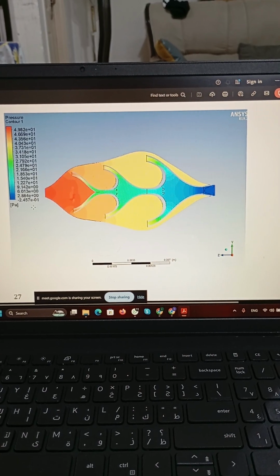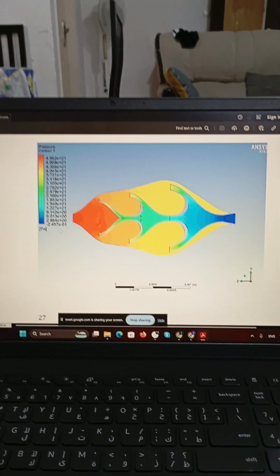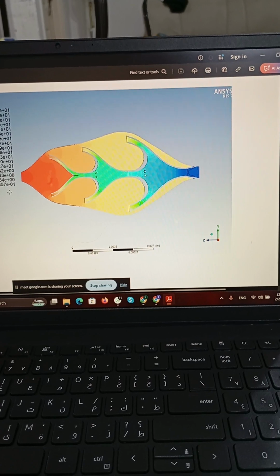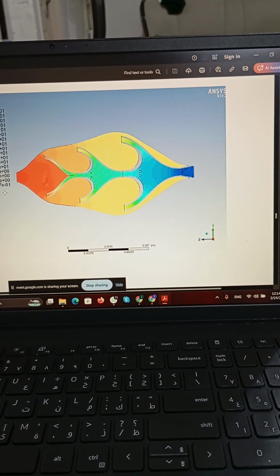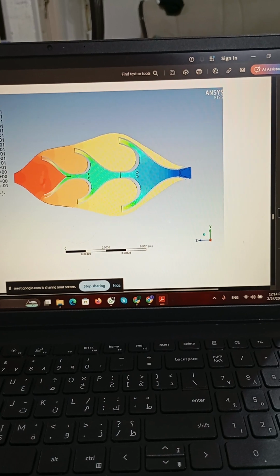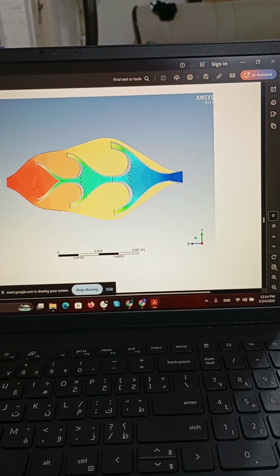Let me check the numbers we have: 49.8, and for the main direction we have 190.